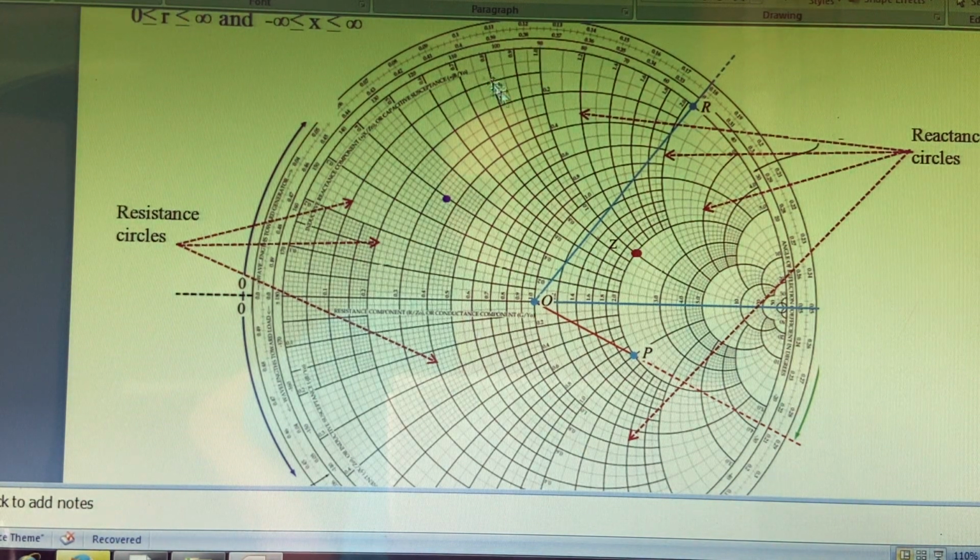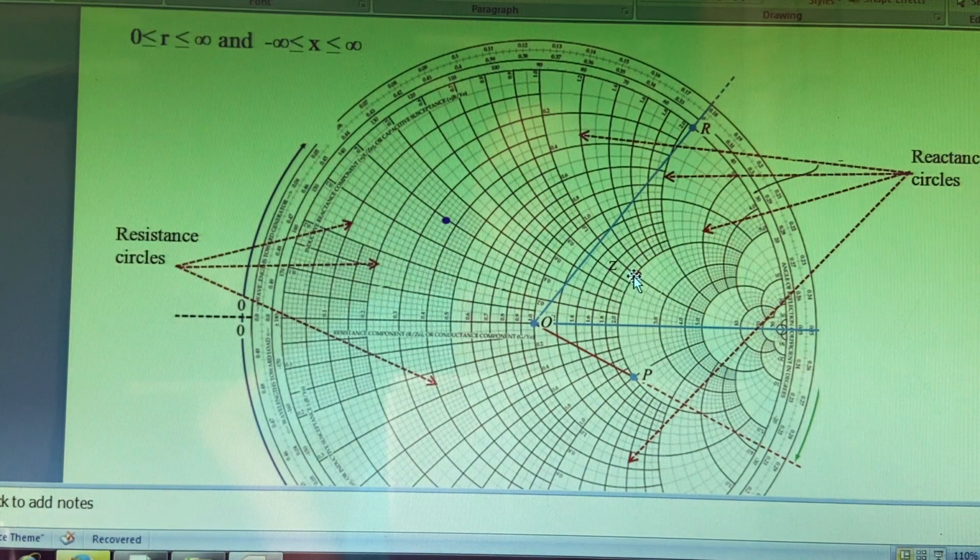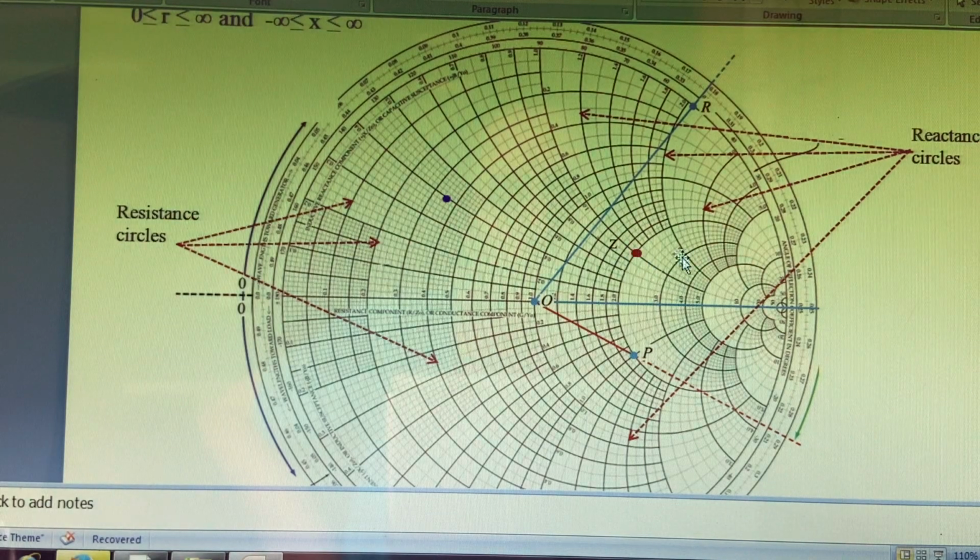We have to move over this circle, and wherever it intersects with the R is equal to 2 circle, they are intersecting here. So we have to mark the impedance point at this position. We can mark impedance over the Smith chart like this.